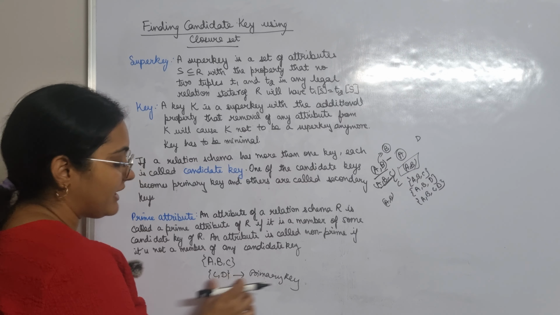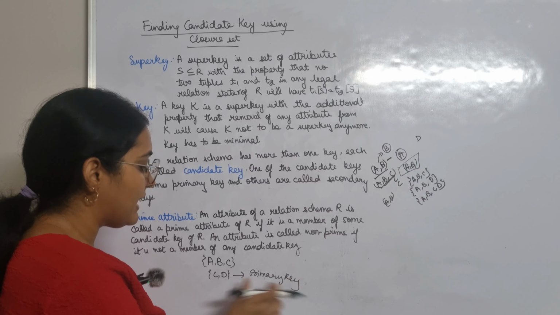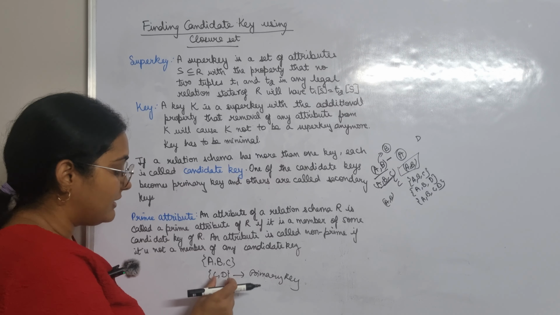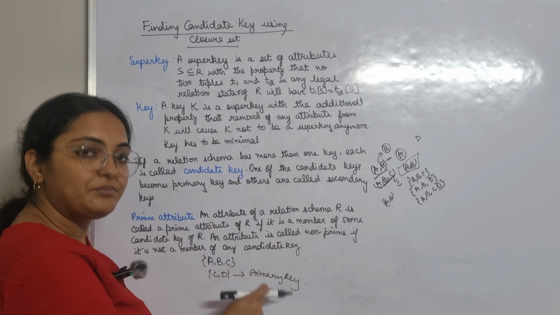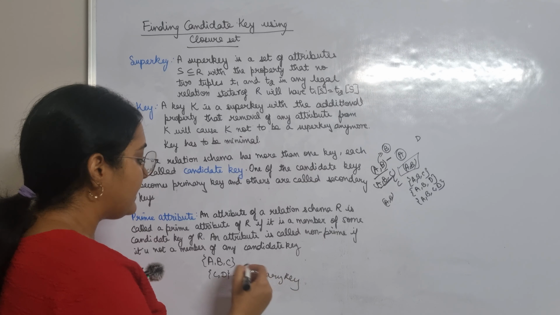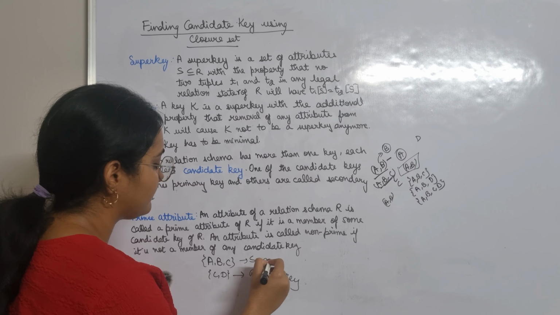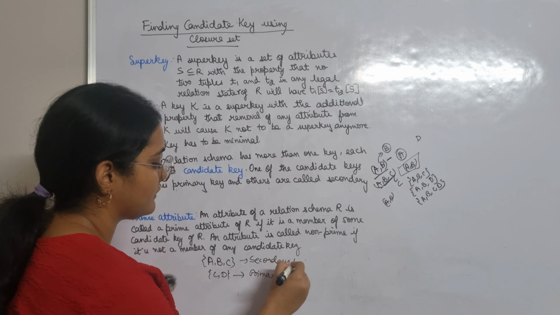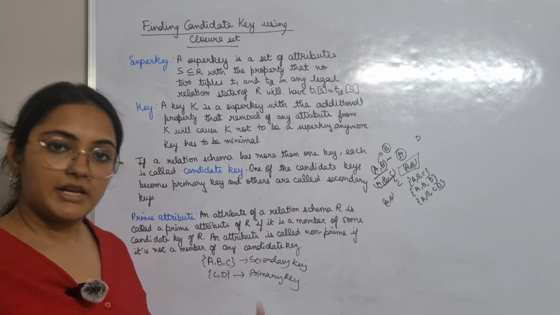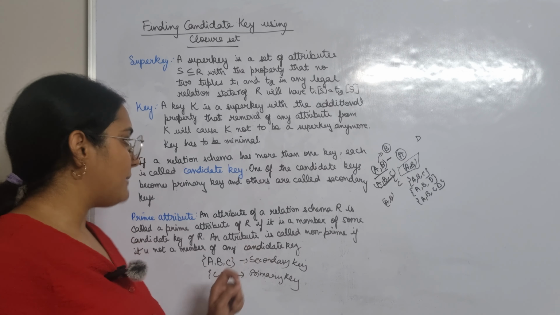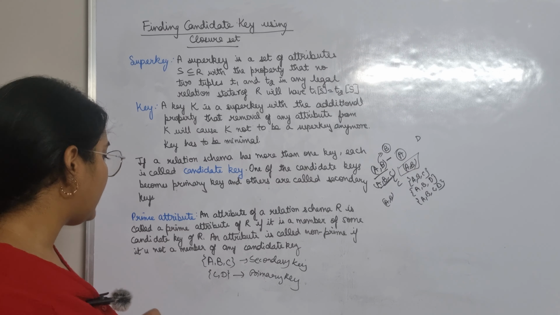If I say that for this particular relation schema I will use this particular key, then it is called the primary key, and this will be the secondary key. So this is how it works, this is the difference. I hope I am clear with all of this.